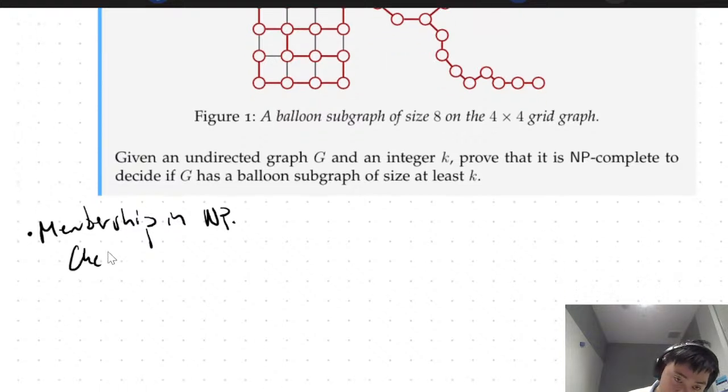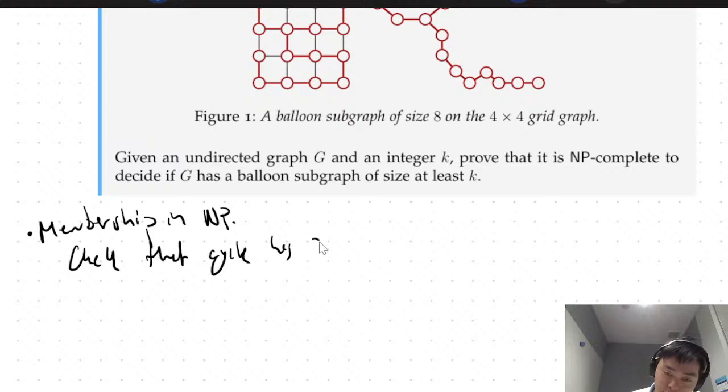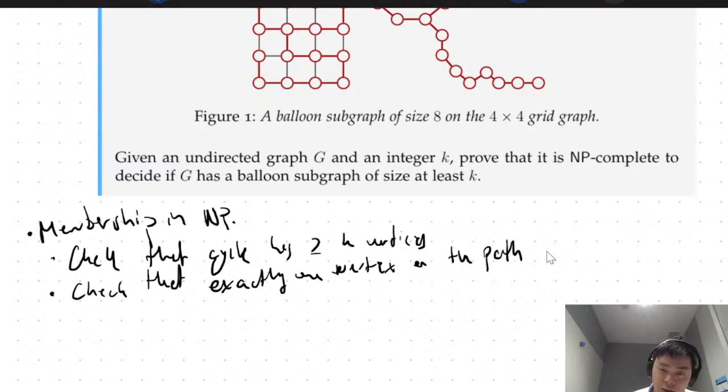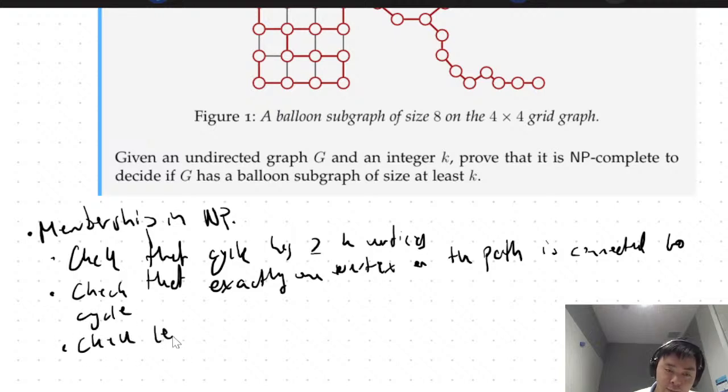To check that the cycle has at least k vertices, and then I'm going to check that at most, or exactly one, vertex on the path is connected to the cycle, and then check the length of the path.